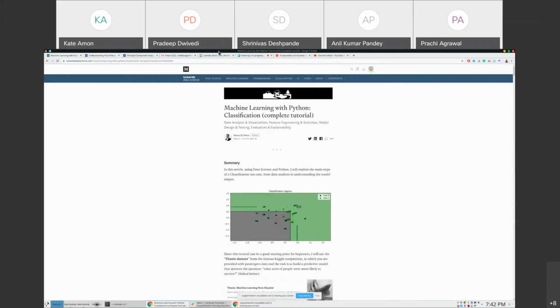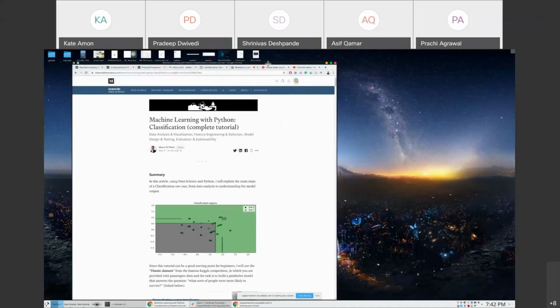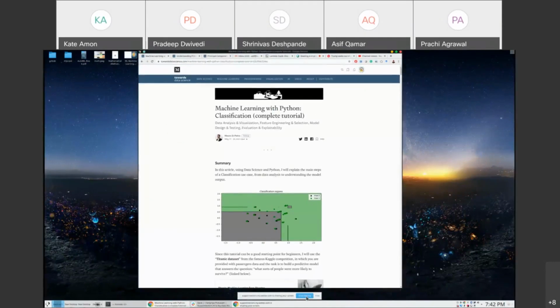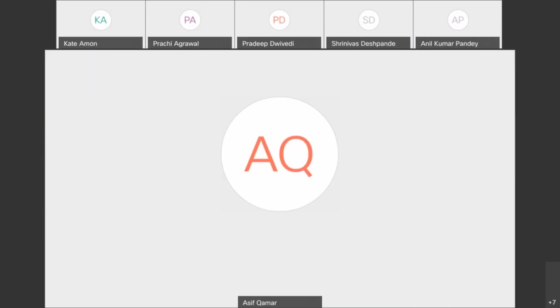Yeah, the text is only in the center, unfortunately. Let me do something different, perhaps. One second. Where's the sharing gone? I'll just share the browser. That might be more effective.